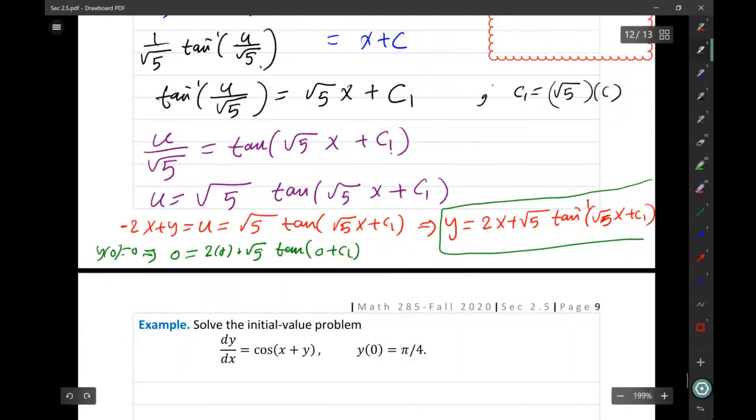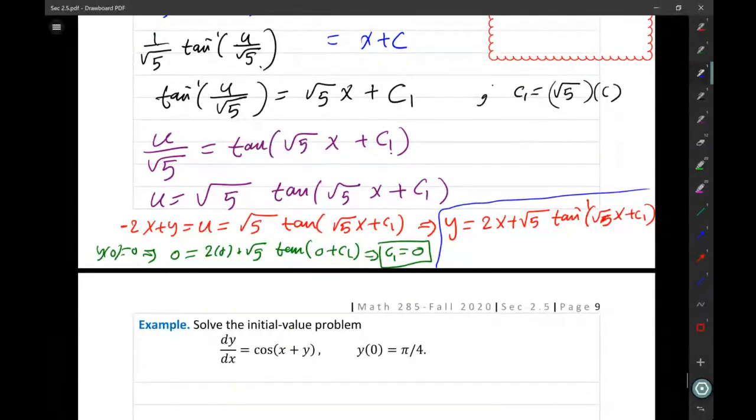Now tan of c1 is equal 0. That means what? c1 is equal 0. Substitute c1. That becomes y is equal 2x plus square root of 5 tan inverse square root of 5 x only.